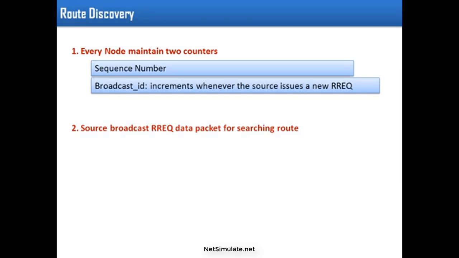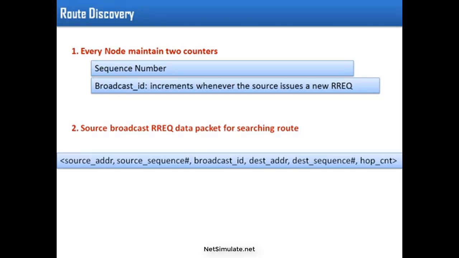And this is the packet format for route request in AODV. The first entry is the source address, the second one is the source sequence number. When the source generates this packet, it includes its current sequence number value.